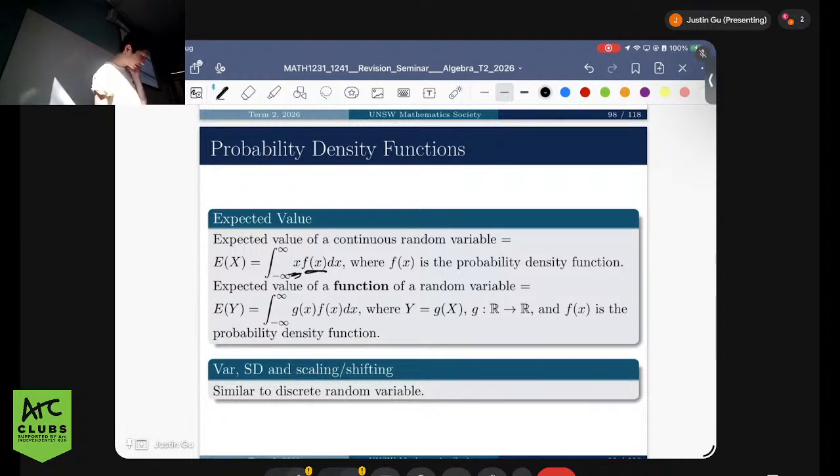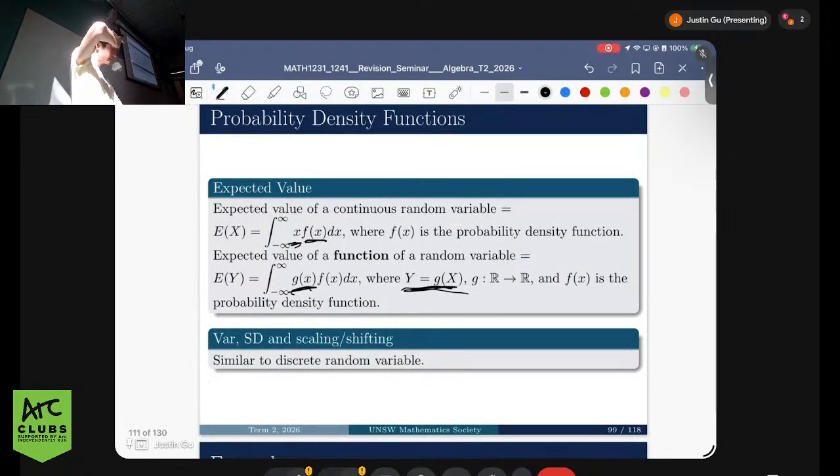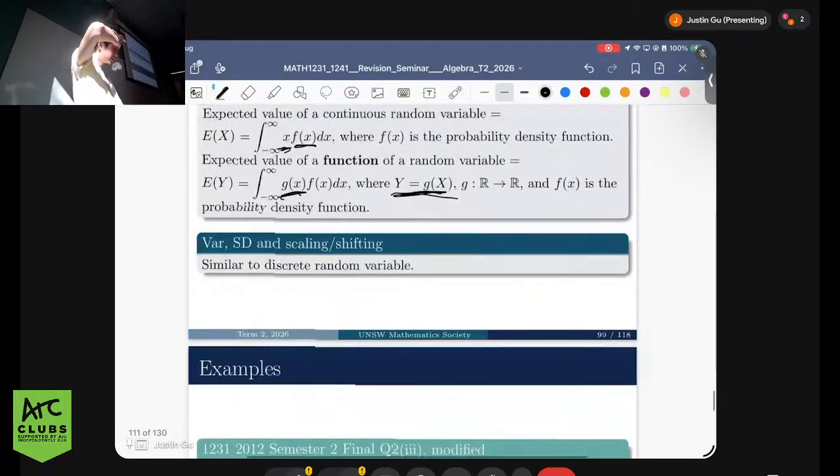We have a similar thing if Y can be expressed as a function of another random variable: the expected value gets transformed similarly. And the same goes for variance with scaling and shifting.